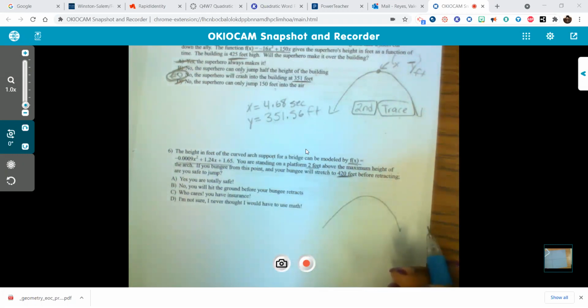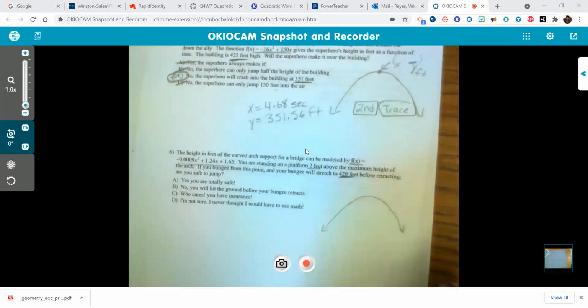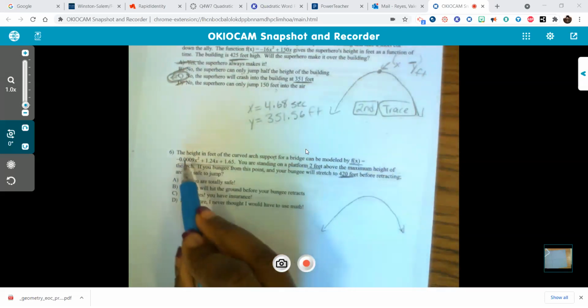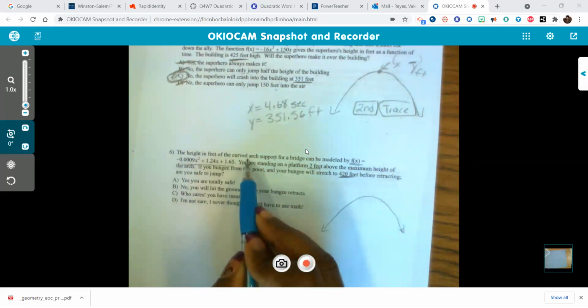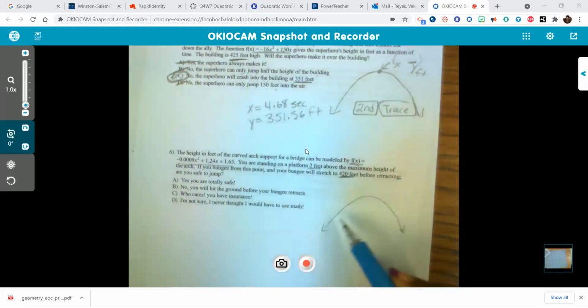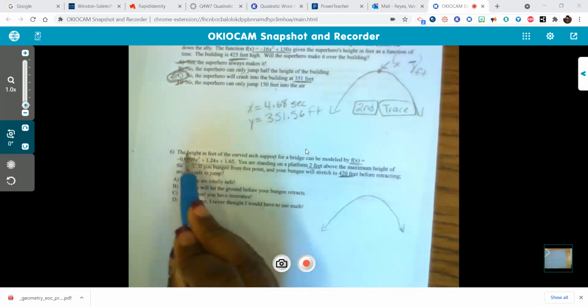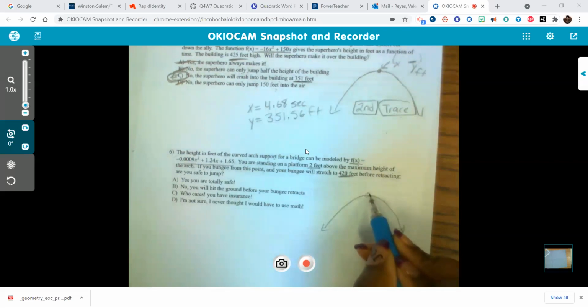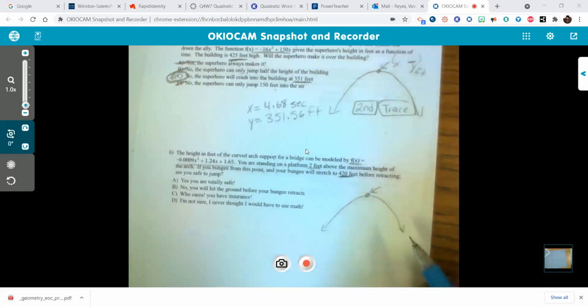I know it. Okay, so what are we looking for in this parabola? In this parabola right here, what are we looking for? It says the height in feet of the curved arc support of a bridge. This is the bridge right here. This is the formula for this, so we could figure out what the maximum height is here.